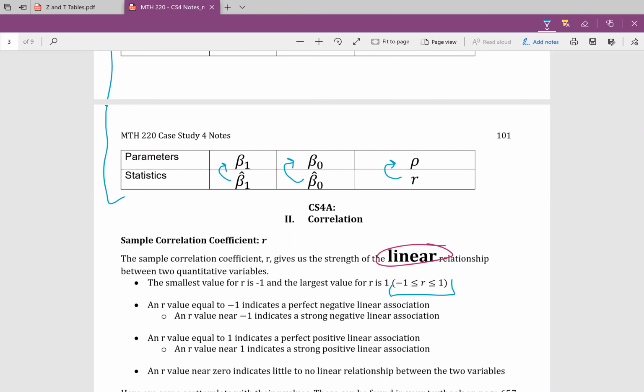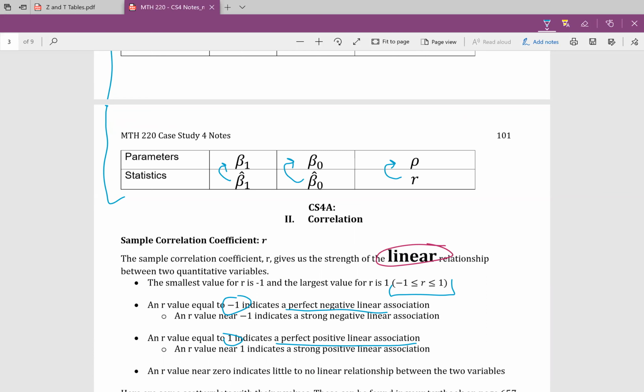An R value equal to -1 indicates a perfect negative linear association. An R value near -1 indicates a strong negative linear association. An R value equal to 1 indicates perfect positive. So notice -1 is perfect negative linear association, +1 is perfect positive linear association.